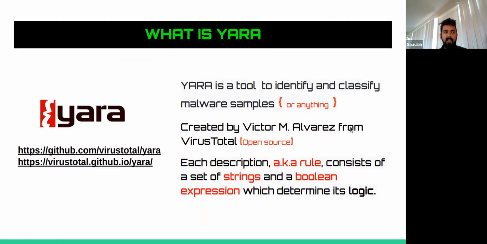So what is Yara? Yara is basically a Swiss Army knife for malware analysts and threat researchers. It is free and open source to use, and all the intrusion detection systems, the modern day SIEMs, IDS, IPS, and XDRs, they all support ingestion of Yara rules. What does a Yara rule consist of?